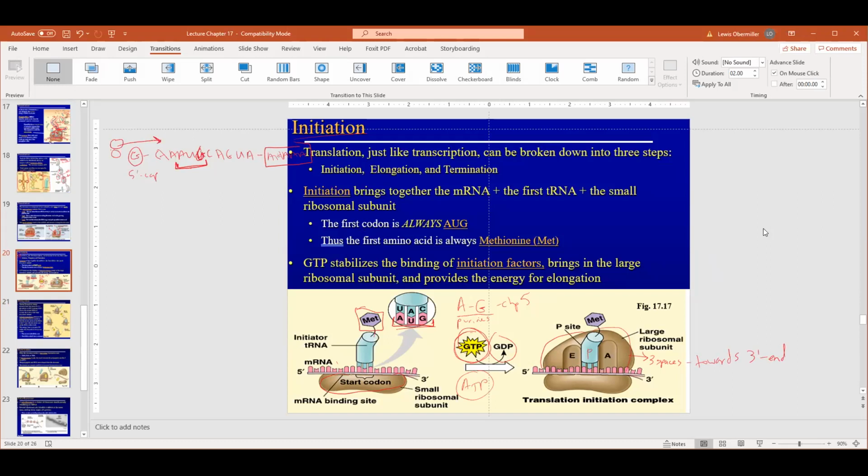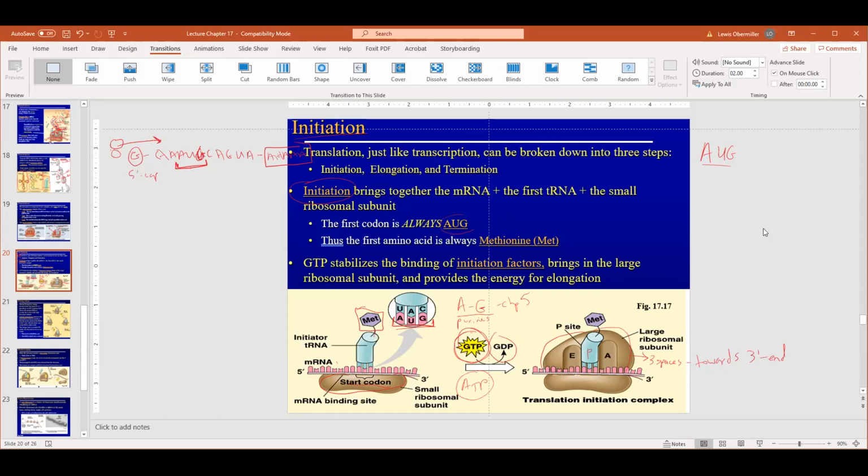All right. So from this slide, you should know that in initiation, the ribosome finds the 5' cap, scans until it finds the first start codon. You should know that the first start codon is always AUG, even though I'm going to give that to you when I give you the genetic code.